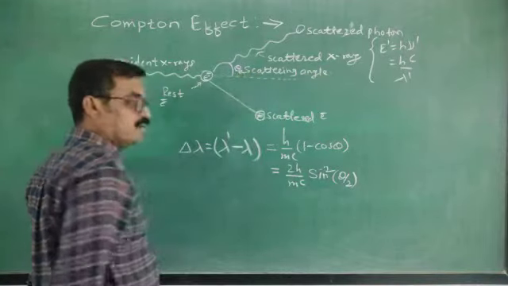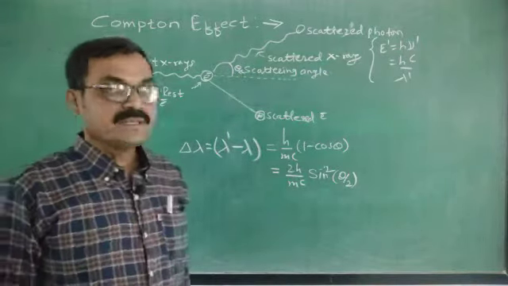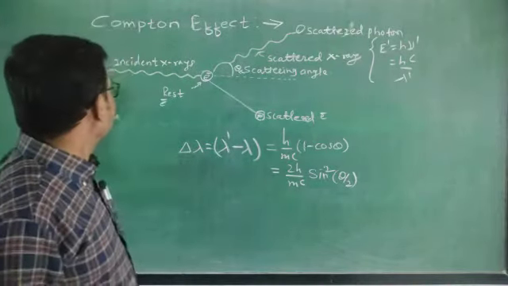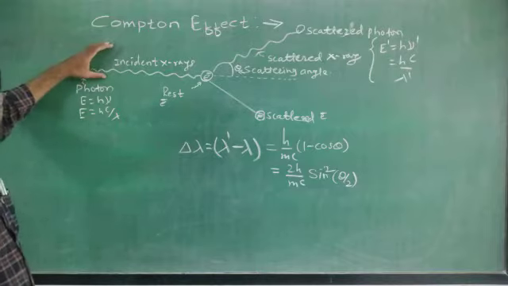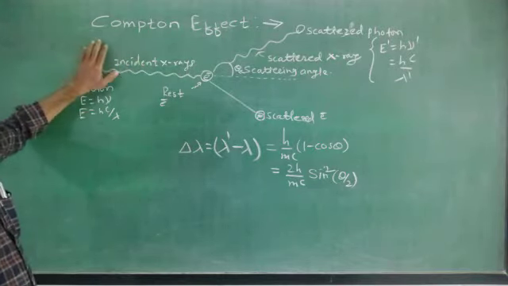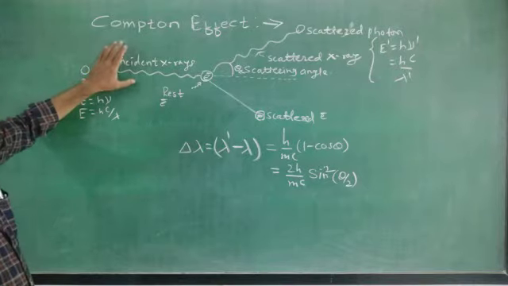Okay. Now in this Compton effect, when this incident X-ray is allowed to fall, this incident X-ray has its wavelength.